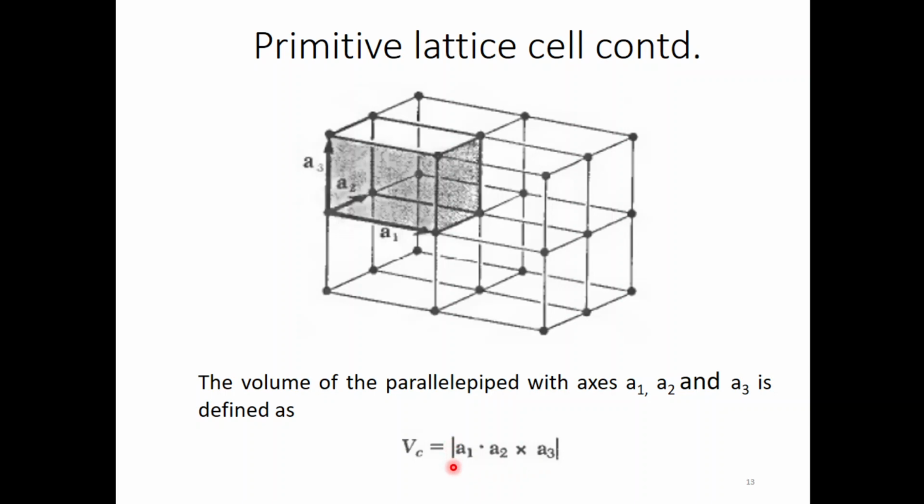And remember, the scalar triple product is cyclic, so the order is not important in here. You can put a3 in here, you can put a1 in here, you can put a2 in here. It doesn't make any difference. You need to remember this.